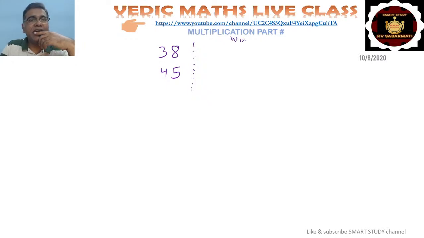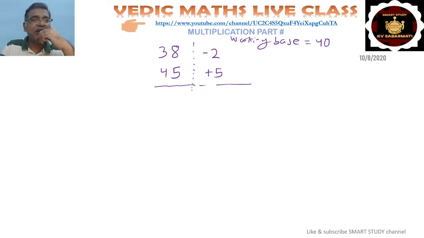So I am writing working base to be 40. So 38 means it is 2 less, 45 means it is 5 more. So how much are we getting? Minus 2 into 5, that is minus 10. And then in any side you can check which is easier for you, that side you do.